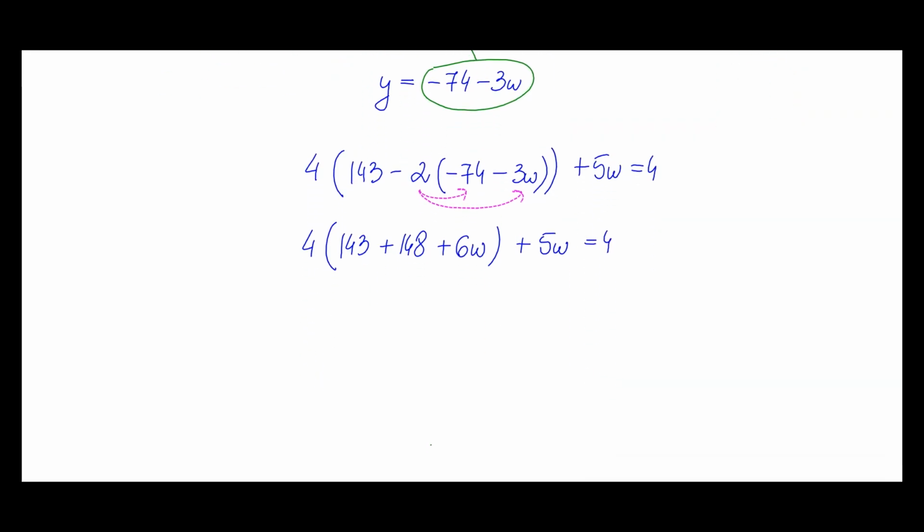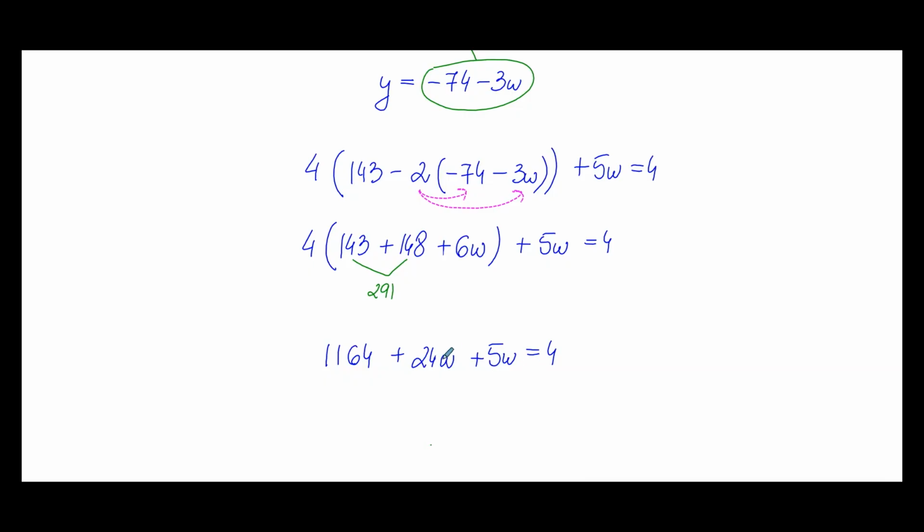Now the next thing is to do the multiplication by 4. We can add those two numbers, 143 plus 148. That will give me 291. So 4 multiplied by 291, that will be 1164. 4 multiplied by 6, that will be 24. Let's not forget the w, and then we copy the rest, plus 5w equals 4.